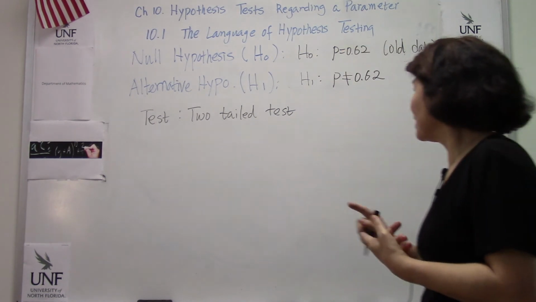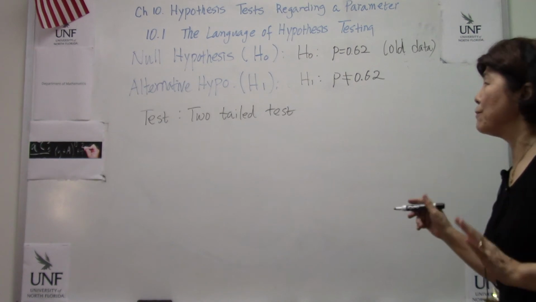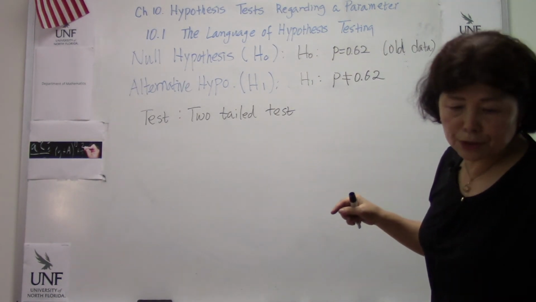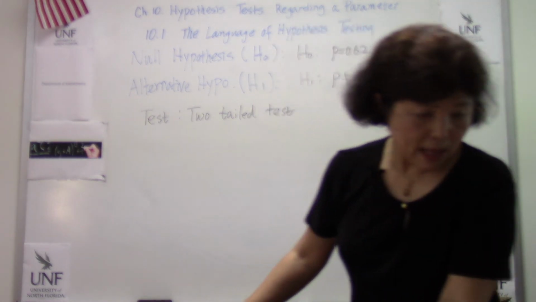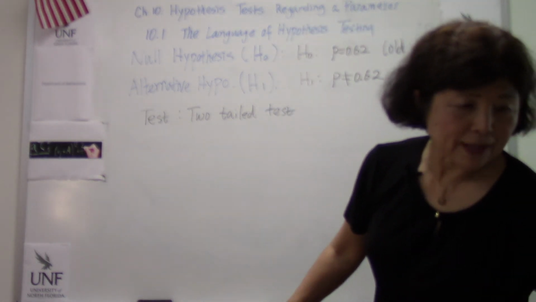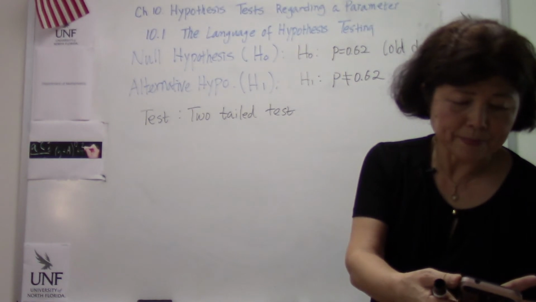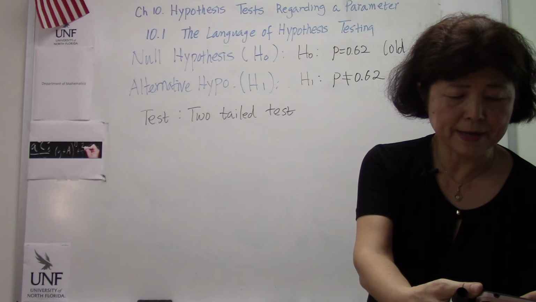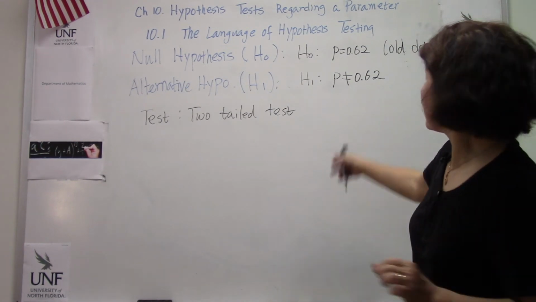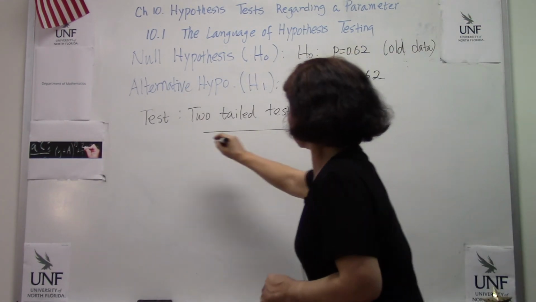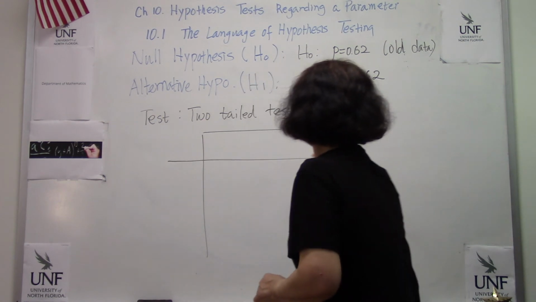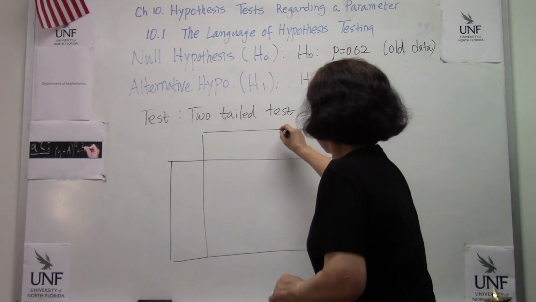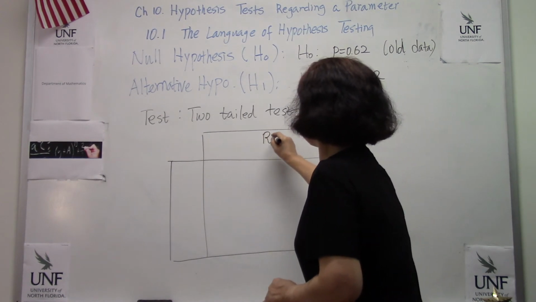So what types of mistakes can we make? I'm going to make a small chart to illustrate that. This is reality.